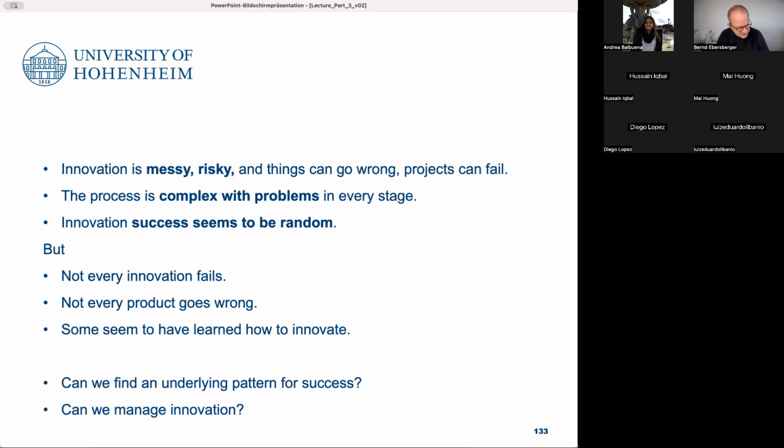What we have seen, I have mentioned every now and then, are things that did not work well. The search for a certain glue in 3M was not really successful in the first step. It was immensely successful in the second step, etc. So what we learn is that innovation is kind of a messy and risky thing. So a lot of things can go wrong. Projects can fail.